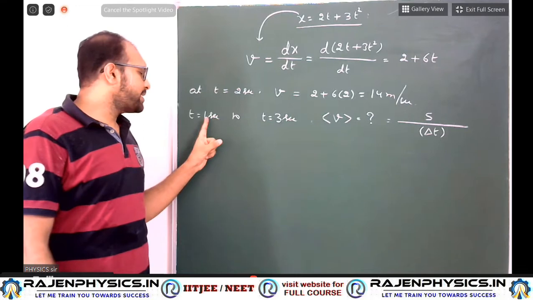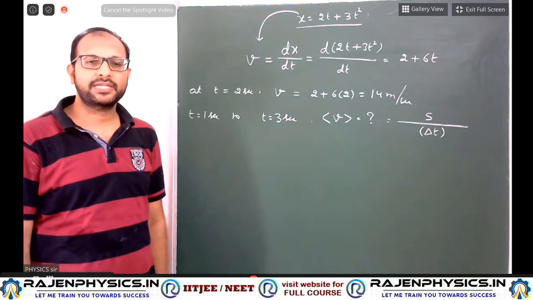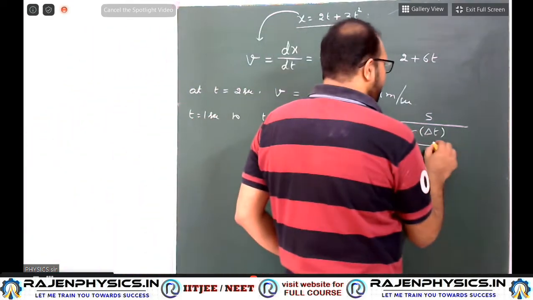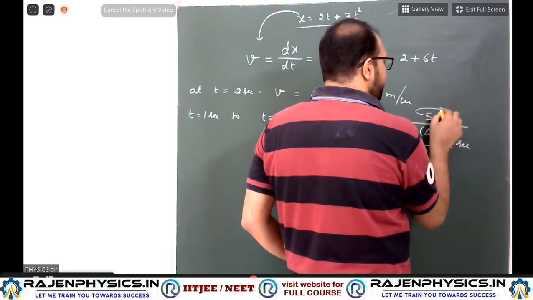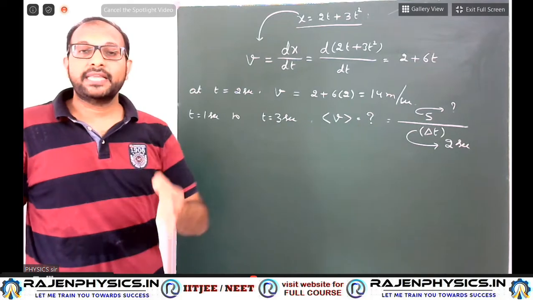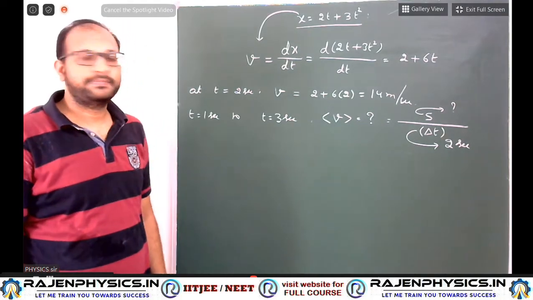The time duration given here, 1 second to 3 seconds, means 3 minus 1, 2 seconds. So delta t is 2 seconds. But displacement? Displacement, as completed in the previous class, is final position minus initial position.